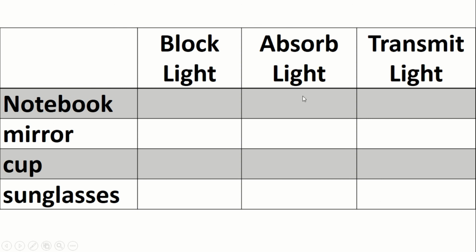So this is the table: the notebook, mirror, cup, and sunglasses. And you will just check whether it blocks light, absorbs light, or transmits light. Okay, so do you get what you will do as your homework? Okay, very good. And we will check this before we begin our lesson next week.